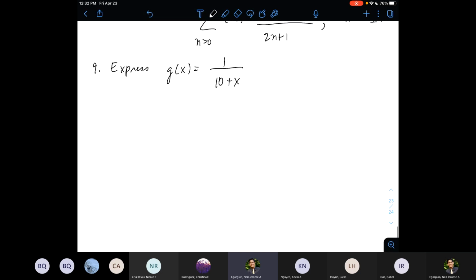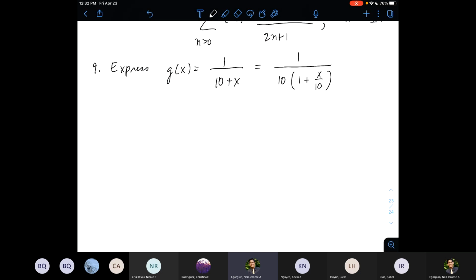I was looking at 1 over 20 plus x, but I look at it as 1 over 10 plus x. I'll try to factor 10 out first. So I'll have a 1 plus x over 10. Okay. Because I am banking on using the geometric series expansion.